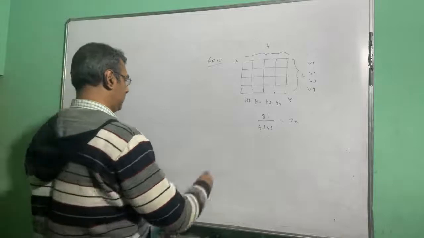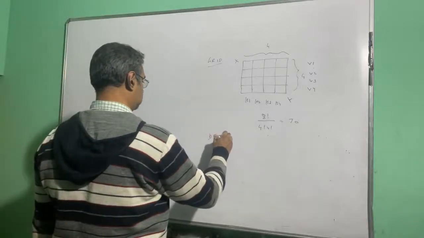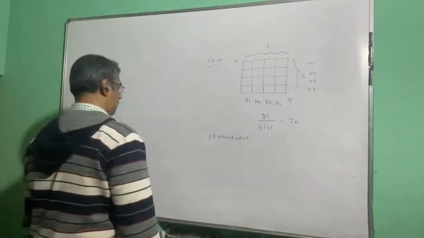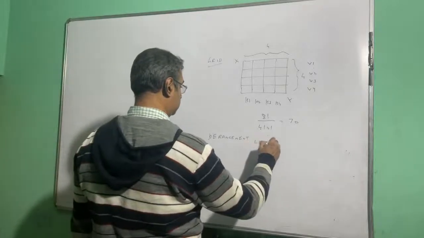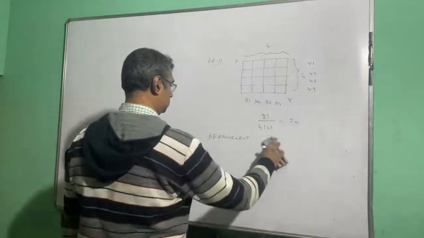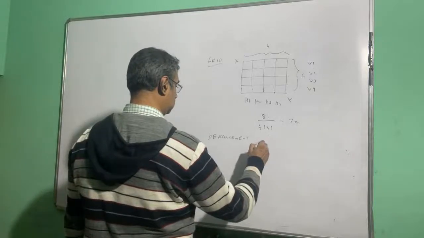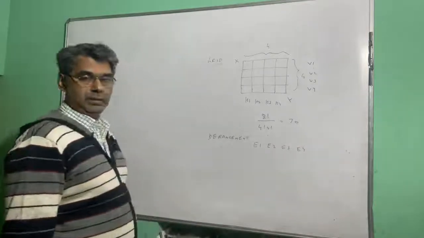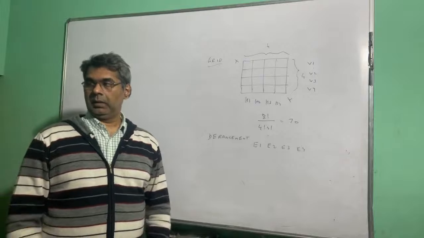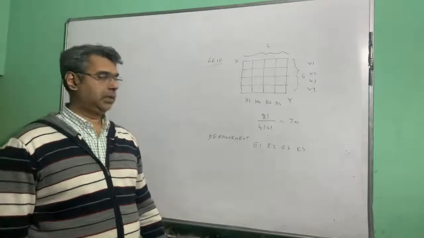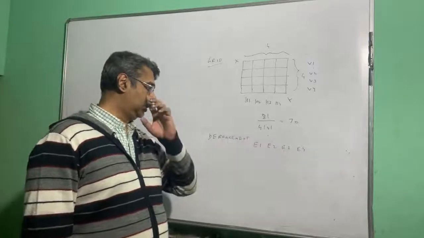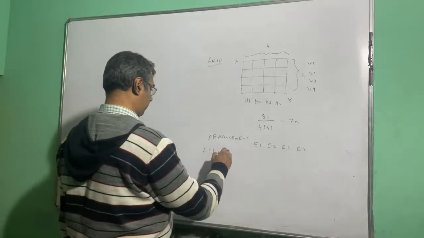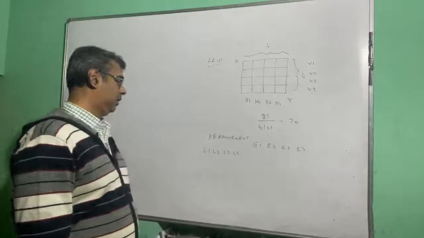The second one is derangement. Now derangement means that there are 4 envelopes, suppose E1, E2, E3, E4, and there are 4 letters, L1, L2, L3, L4.